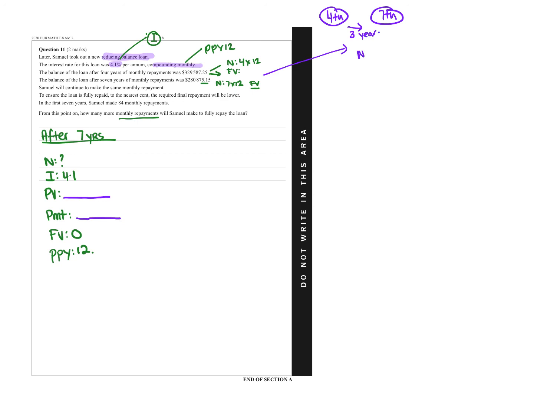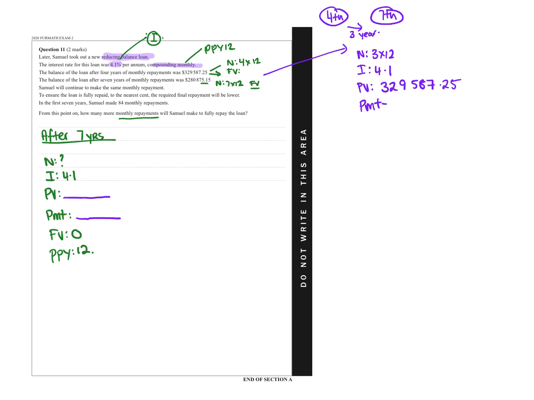So N would be 3 times 12. Interest rate will be 4.1. Now, the PV, I'm going to pretend the 4th year is the beginning. So this is a loan, so it would be a positive amount. So I'm putting that 4th year total into my PV.